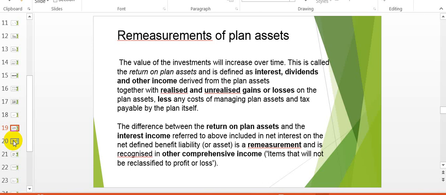This gain or loss will not be reclassified to profit or loss. If it has to be written off, it has to be written off out of other comprehensive income. It is not recycled into profit or loss.